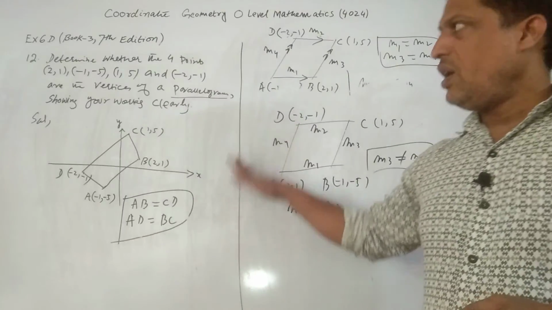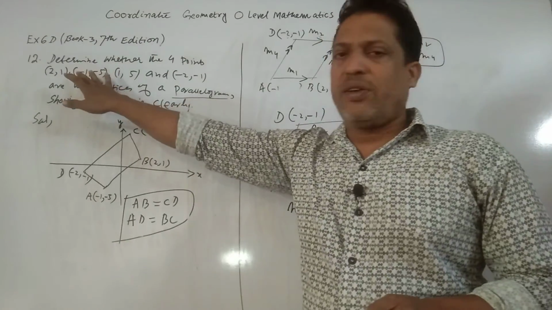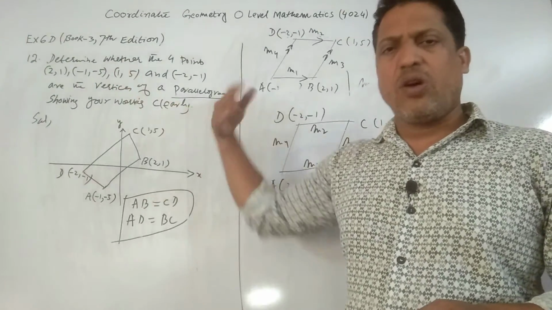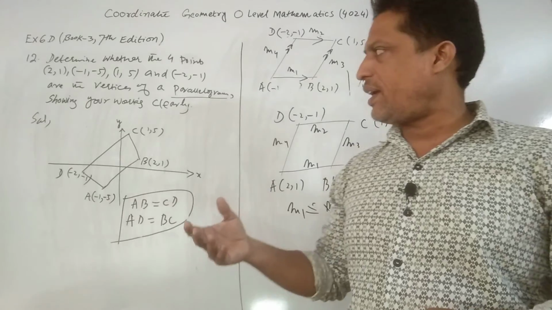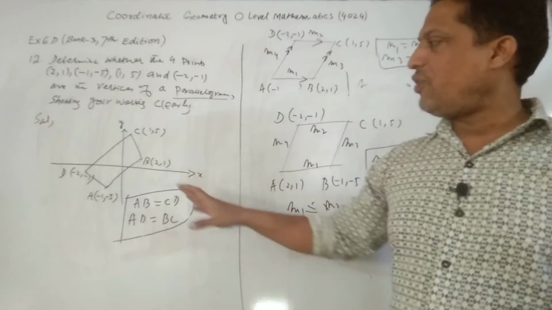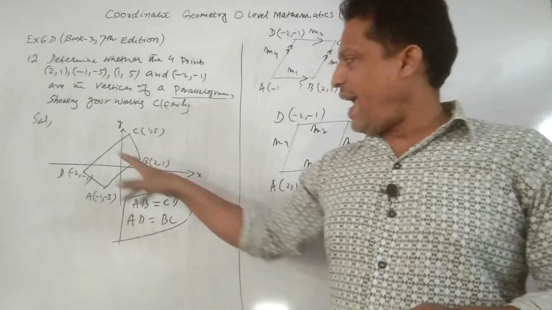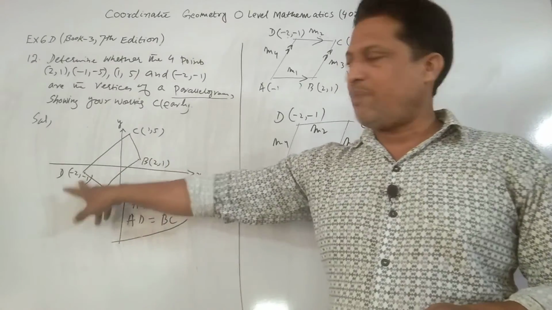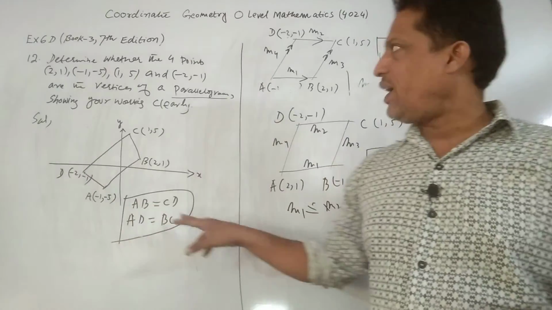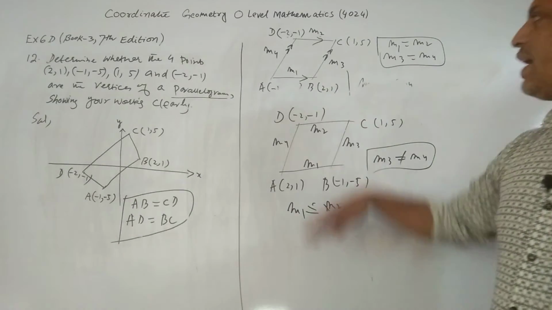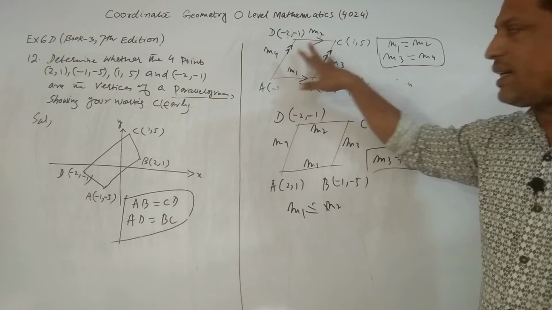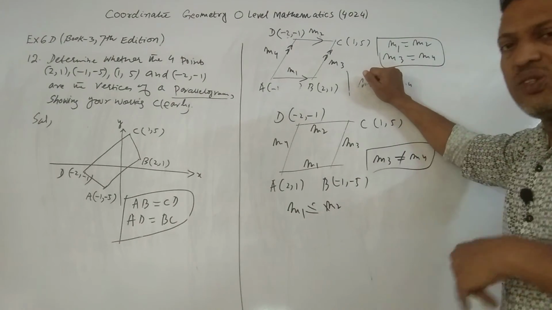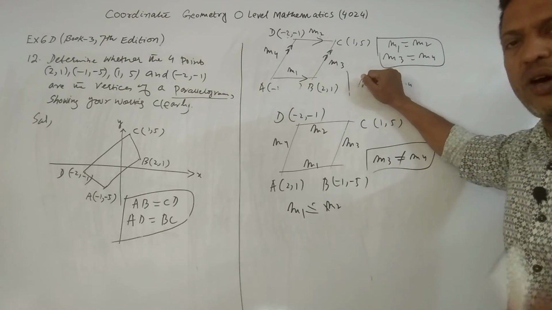This is wrong. So in questions of type parallelogram, rhombus, square, or rectangle, first we have to roughly plot the x-axis and y-axis and plot the diagram on x and y. Therefore, we will be able to find the correct order of vertices of a parallelogram or a rhombus or other shape.